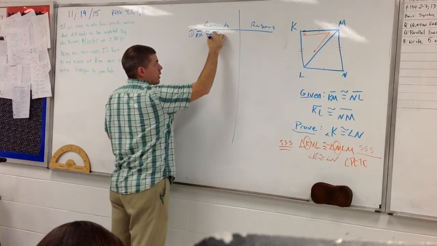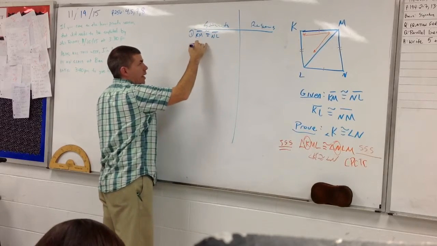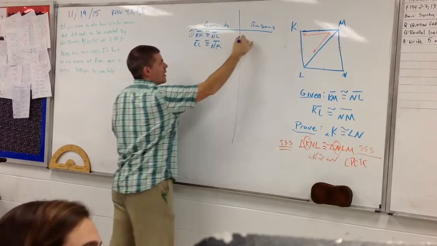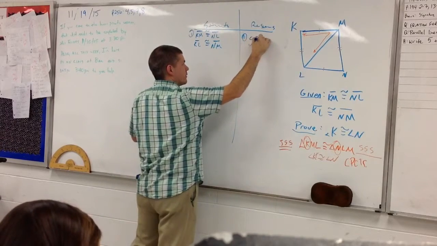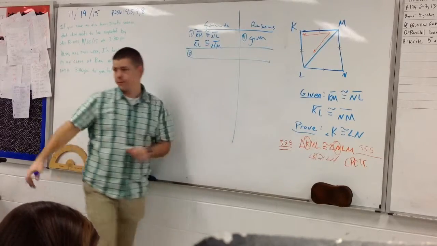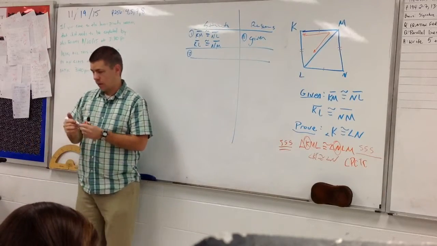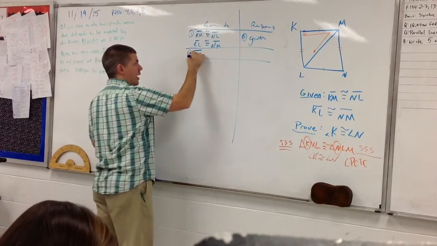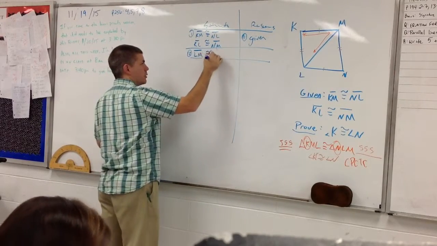KM is congruent to NL. KL is congruent to NM. Why? Given. Number 2. LM is congruent to what? I'm going to put LM congruent to, and I shall pause.